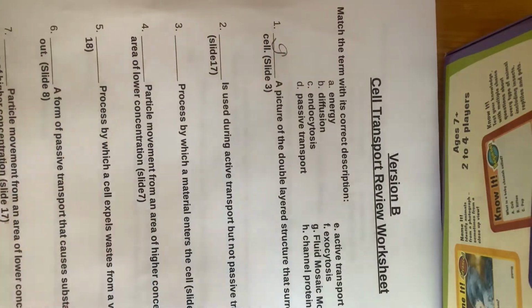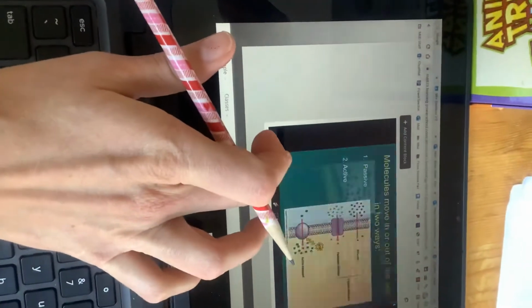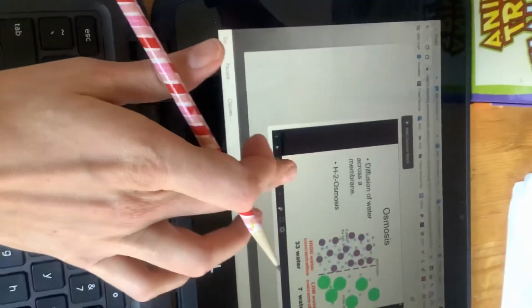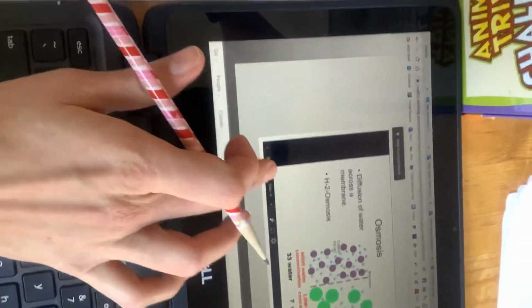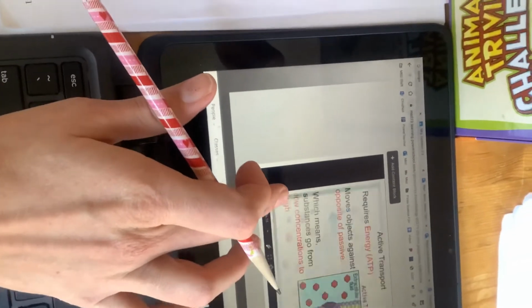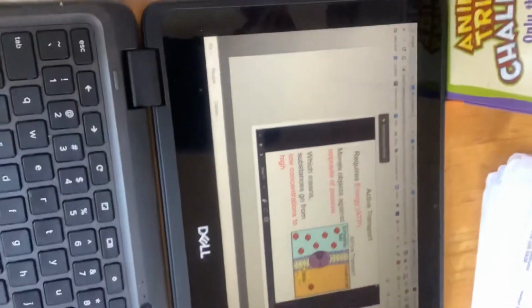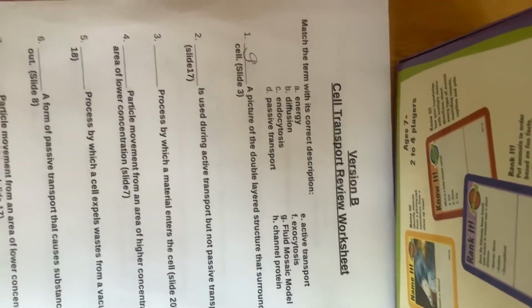Number 2, it's used during active transport but not passive transport, slide 17. So I would have to go to slide 17. Now, when you're doing this, you should probably have read this already once. It says active transport is the title, but what is actually used during active transport?